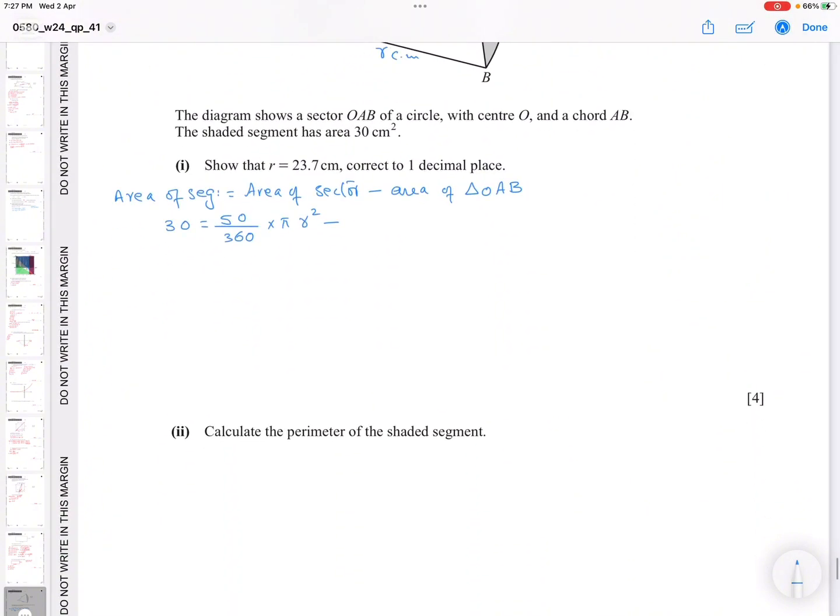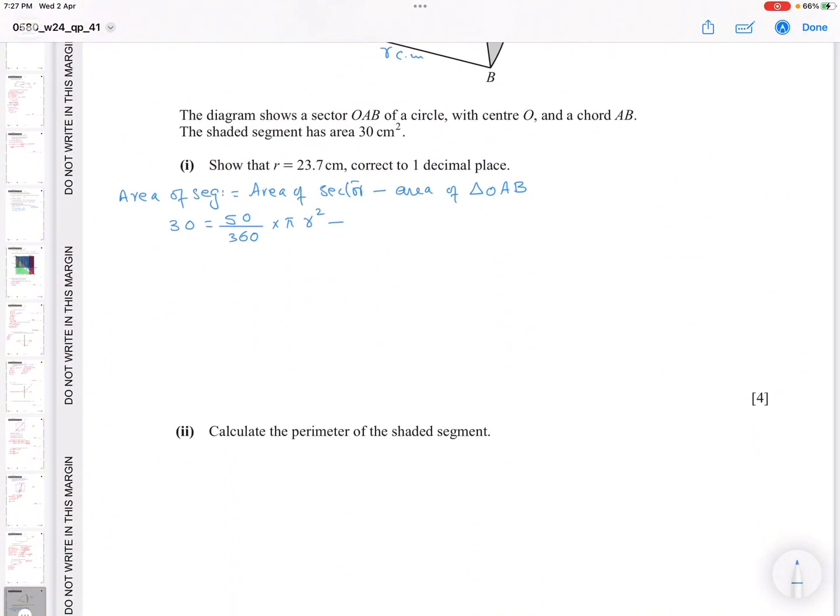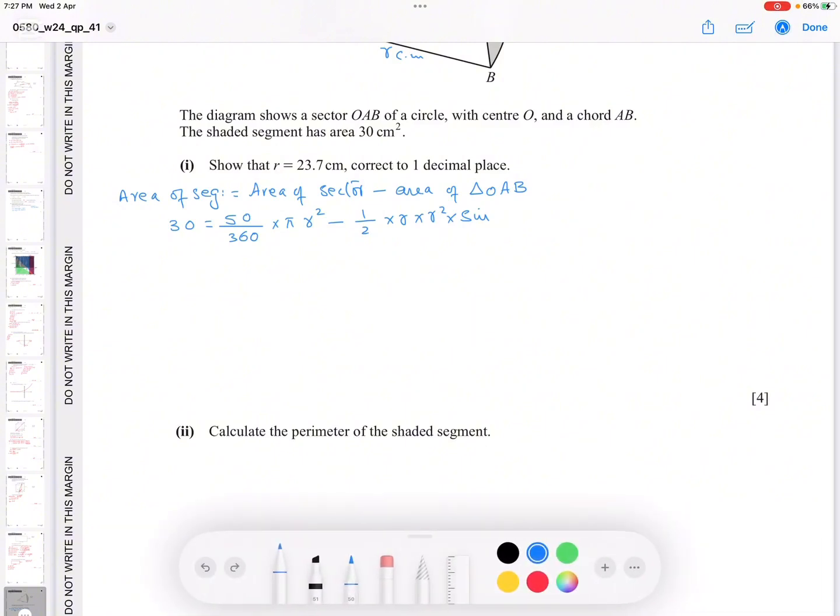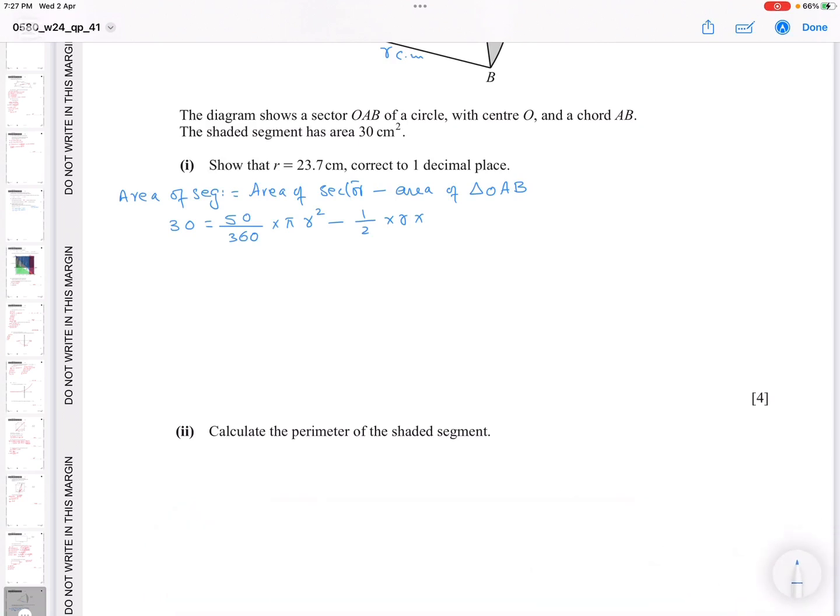So 1 over 2 into side into side into sine of theta. So 1 over 2 into side is r into r into sine of 50.